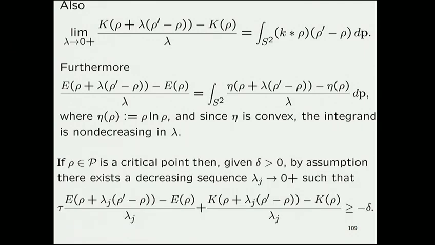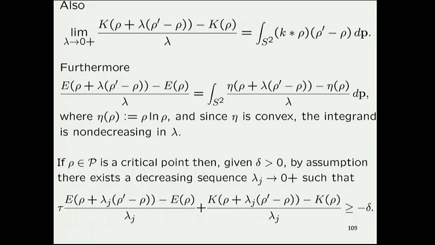And so if rho is a critical point, then given delta bigger than 0, by assumption the lim sup is bigger than 0, so there's going to be a decreasing sequence lambda j such that the difference quotients are bigger or equal to minus delta. We know what's going to happen to the K term from up here, so it's a question of what happens to this term.